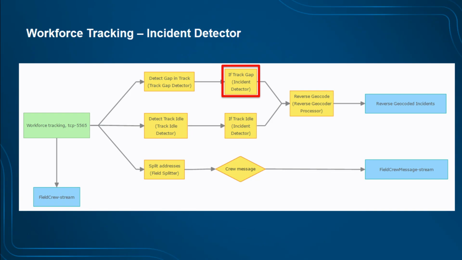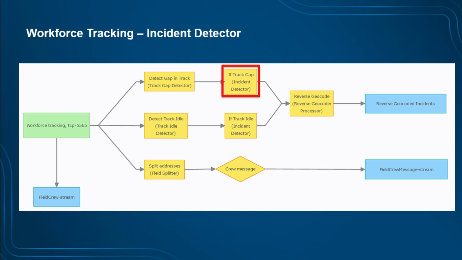When a gap is detected, the next process that we have in the flow of our service here generates an incident. So the track gap detector will generate that track gap GeoEvent.